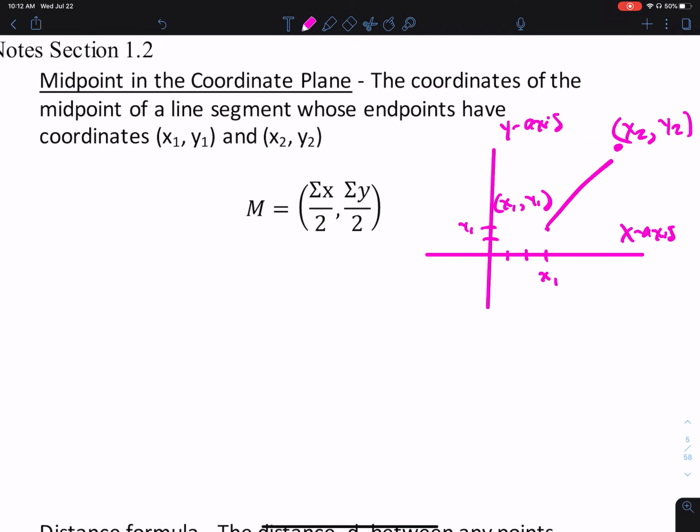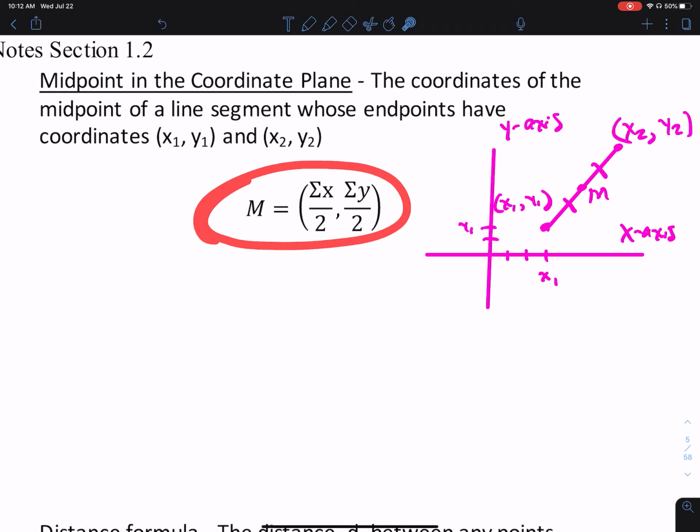So if I connect those points and get a segment, this is going to give us the exact coordinates of where the midpoint is, halfway between each of these points. And it's easy. You add the x values together and divide by 2, the average. You take the y values and add them together and divide by 2, the average.